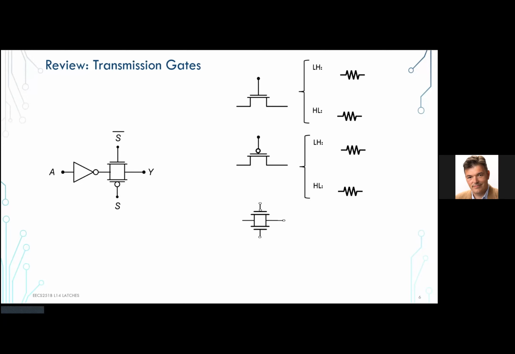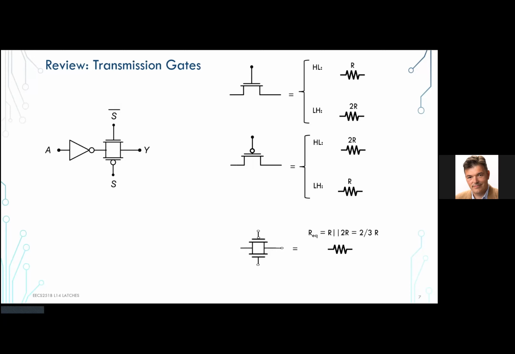And the same thing holds when I switch these, so this is HL, LH, HL, LH. The same holds for PMOS, but in the opposite direction. So when we have a transmission gate with both NMOS and PMOS, essentially we have an action of 2 resistors that are in parallel with each other.